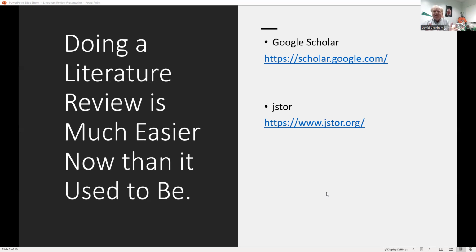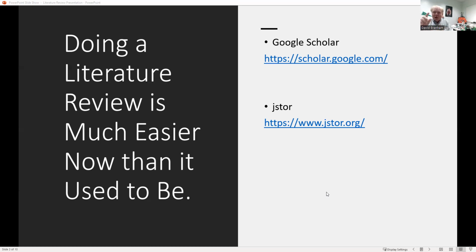Today, you can basically use two websites, Google Scholar and JSTOR. Now, the university has an account with JSTOR, so you should be able to get on there through your university account. Google Scholar is open to everyone. You can do just about anything as far as a literature review, as far as finding articles, right here. It's very easy to search on these websites to see where the articles are.